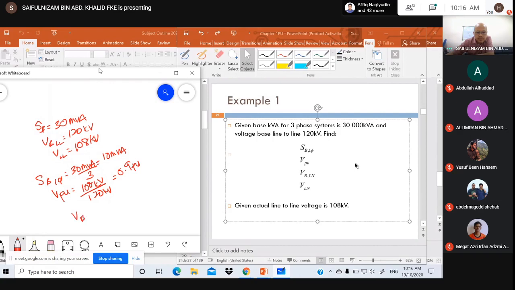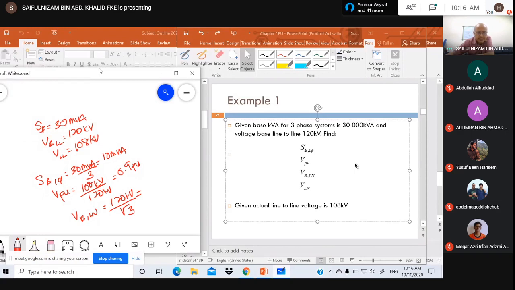V base line to neutral equals the line to line quantity divided by square root 3, right? V phase equals the line to line voltage divided by root 3.